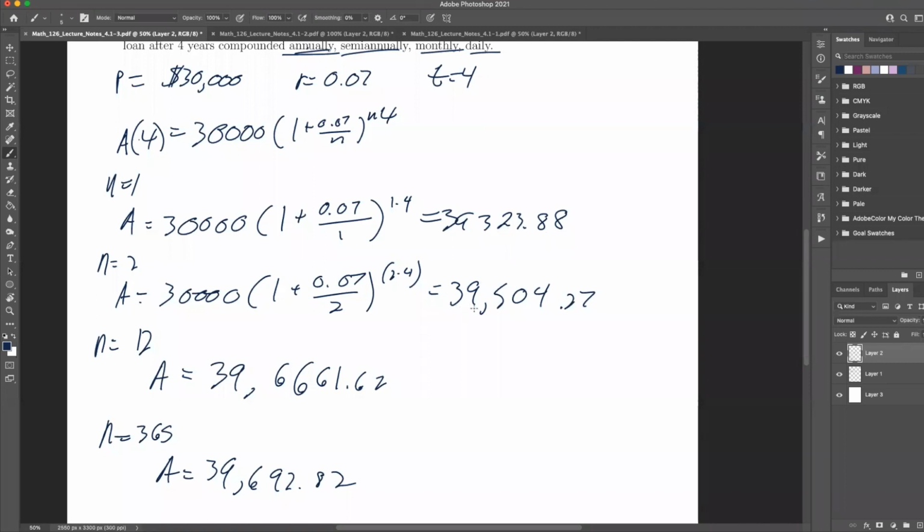We do it twice a year, $39,500. We do it 12 times a year, it's $39,600, and then here it gets closer to $39,700. But notice it slowly is going to a certain number, and we'll talk about that in the next section. Okay, so it's good to know.